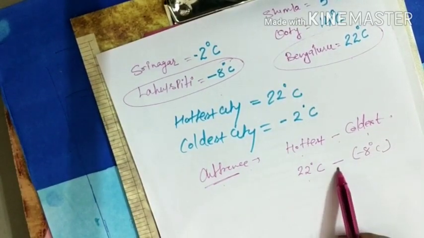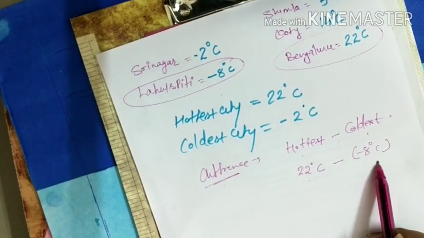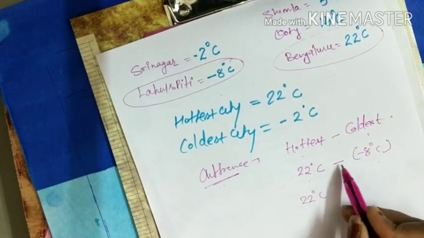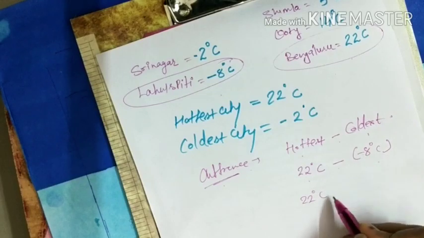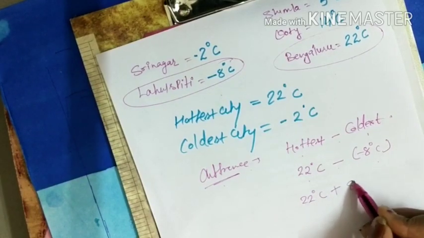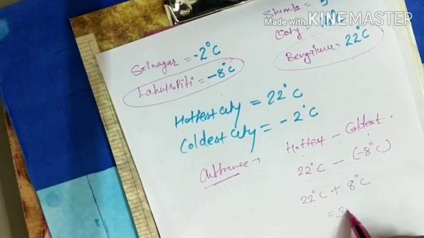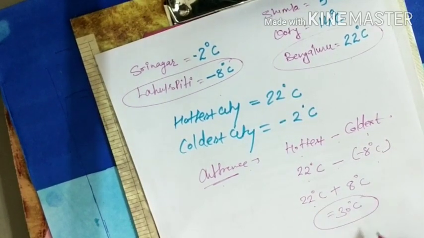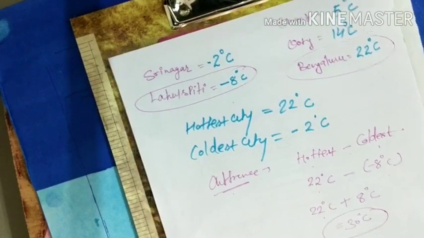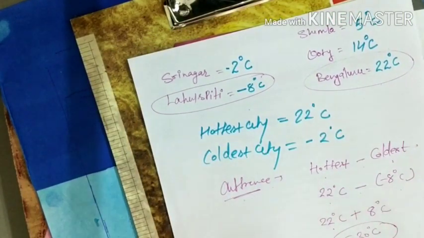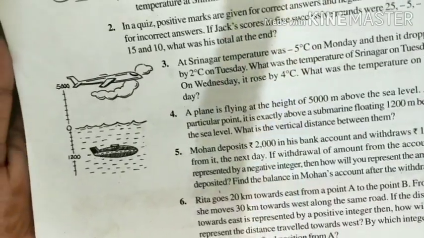So hottest minus coldest. You know, 22 degrees Celsius minus and minus, we can write plus 8 degrees Celsius. So 22 plus 8, that is 30 degrees Celsius is the difference of temperature between hottest and coldest city. Now let's move to the next question.